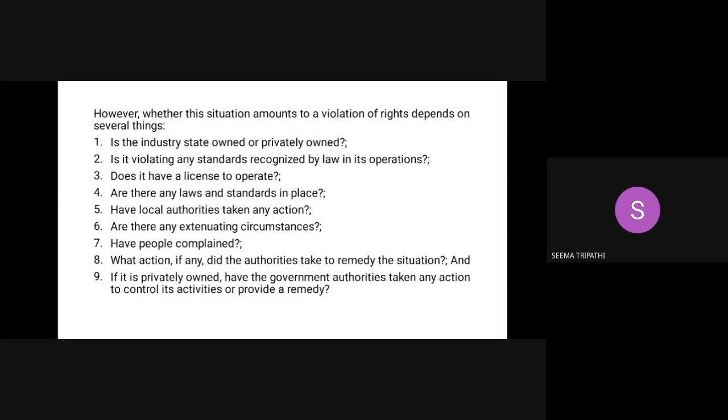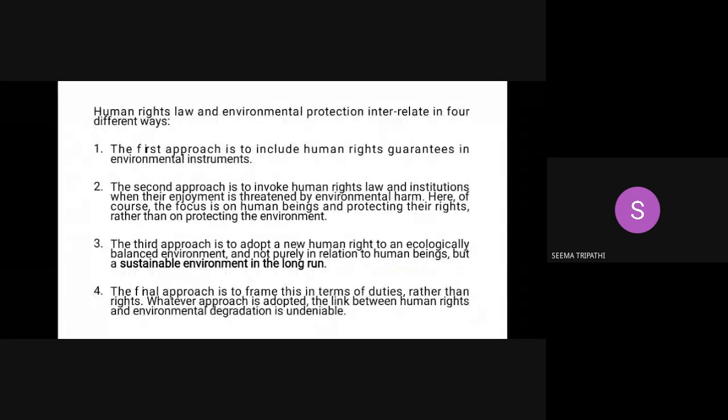And if there is, then what have people done against that particular action? Have the people who are there complained? And if they have complained, how has the government taken action? And if the government has taken action, what actions have they taken? Or if they have not taken action, then what negative circumstances will people face? Clear? So all this is going on in our mind, and it should.